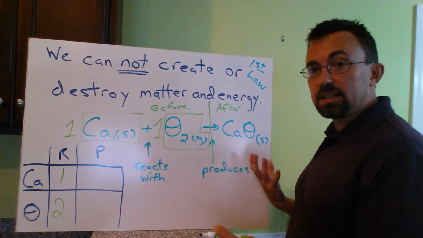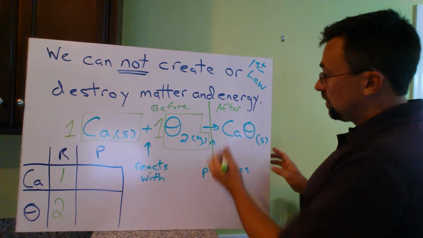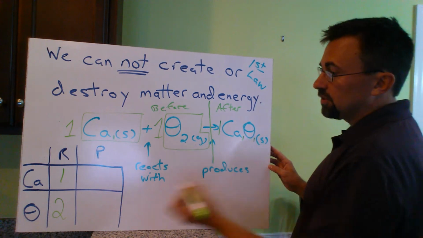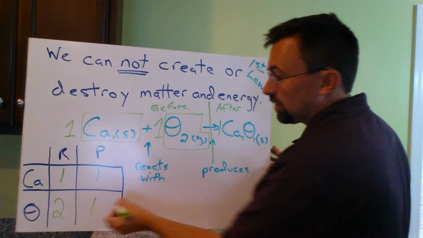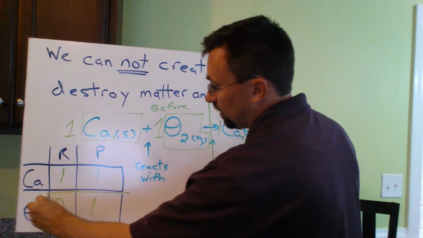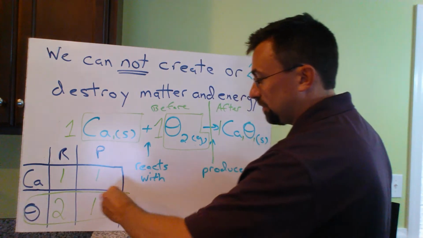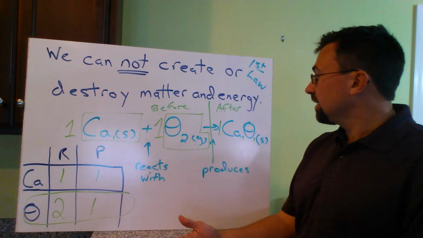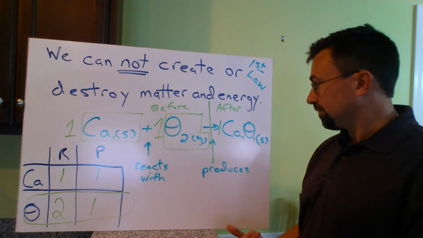Now if I go to the product side, again we have 1 unit, and we have 1 calcium and 1 oxygen. And you can see that this violates the first law of thermodynamics, or the conservation of mass, in that we do not have the same amount of oxygens at the beginning as we do at the end.